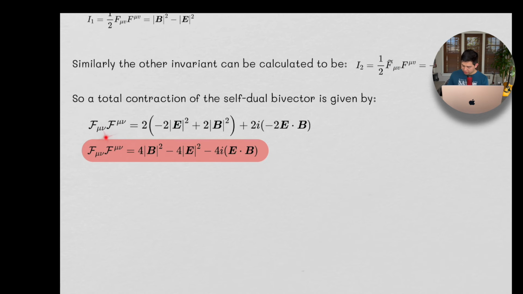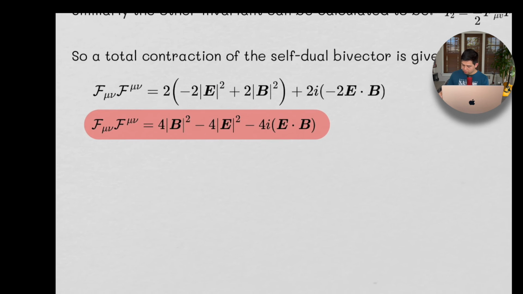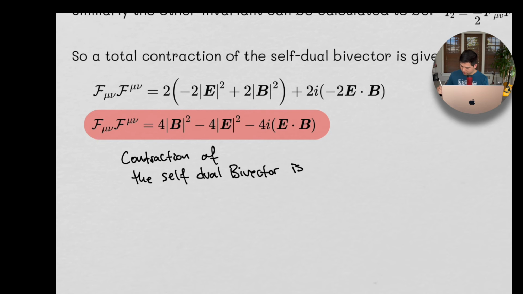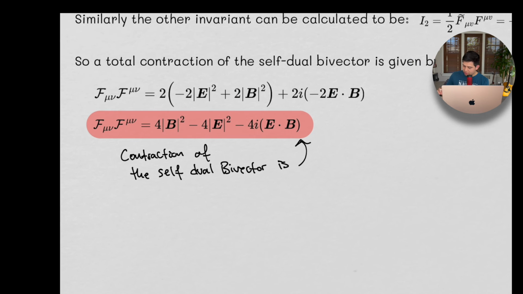So the complete contraction of the self-dual bivector is this guy. And so this is an invariant quantity.